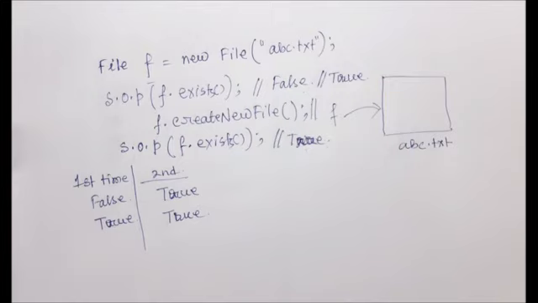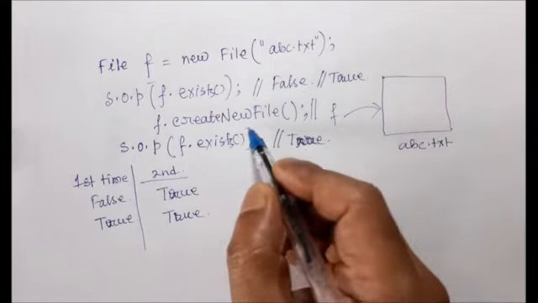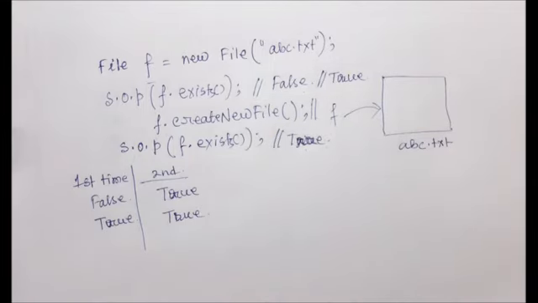If the file is already available, it simply refers to this file, and if the file is not available, then we just call the f.createNewFile method to create a new file. Actually, the concept of file comes from the Unix operating system.